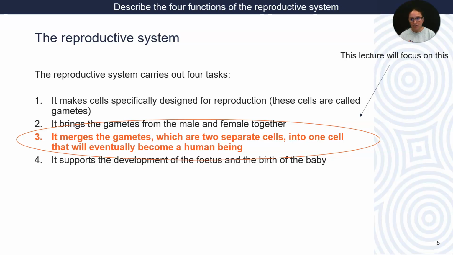That process was meiosis. And then we covered the responses and adaptations of our anatomy and physiology to make sure those special cells end up at the same place at the same time. So now we want to look at what happens after they meet.